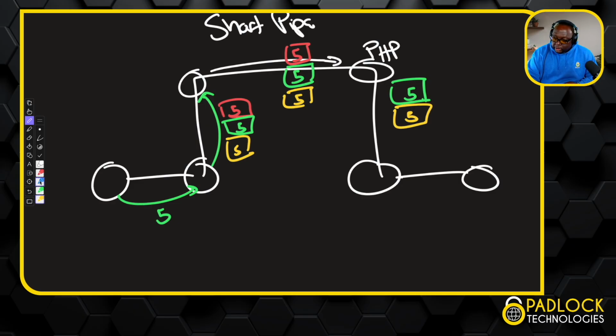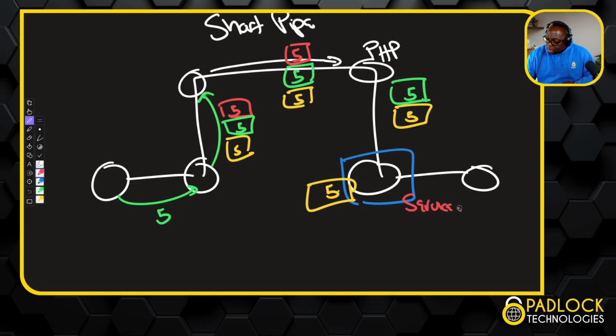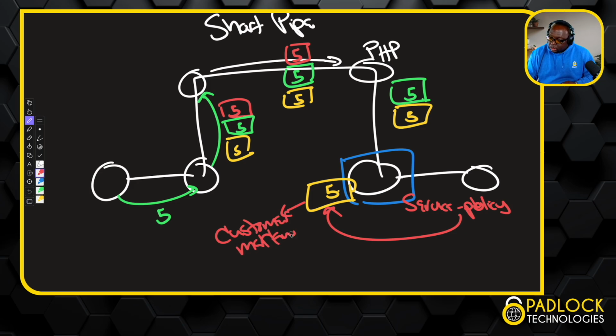But then when it gets to this router here, that pops off the VPN label, and then you just have the IP packet with, in this example, the IP precedence of 5, and then your service policy is based on the customer marking and not the service provider marking.